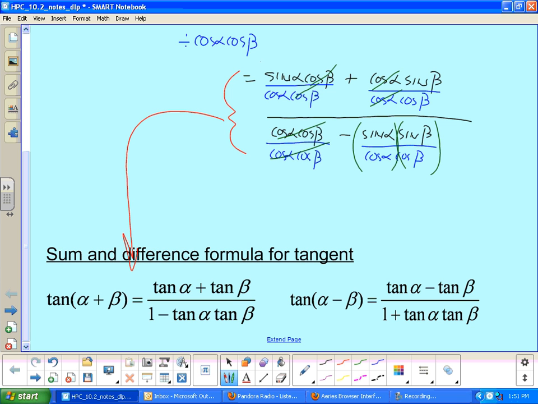There is the tangent of alpha, and there's the tangent of beta. And here's the 1. And over there we have tan alpha, tan beta. Now you'll notice the sign, S-I-G-N: if this is plus, if we're adding the angles, it stays positive on the top, and it becomes the opposite in the denominator. And then that's the reverse of subtraction.